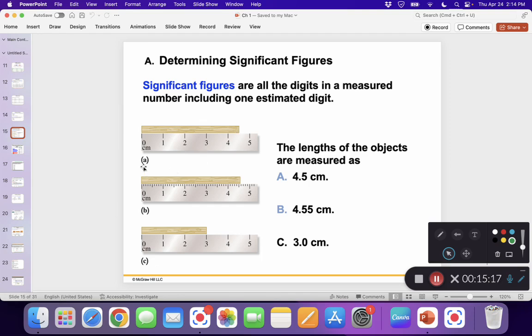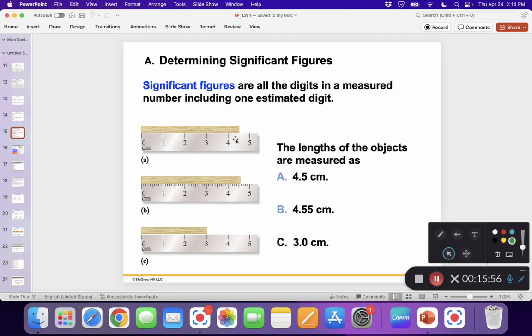In case A, the graduation on the ruler shows that you are certain about 4, and after that you have to guess because there is no division between 4 and 5. So 4 you are sure of; after the decimal, whatever number you place is your estimated guess, your educated guess.